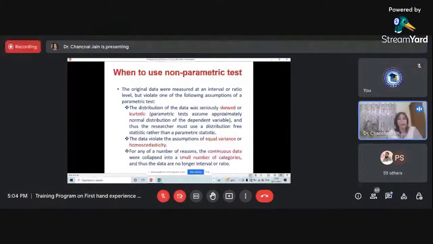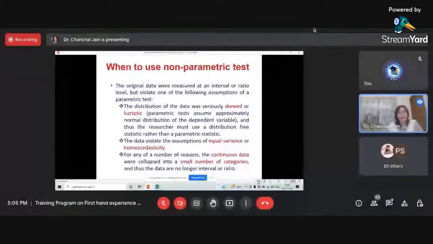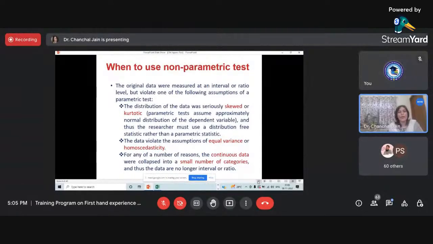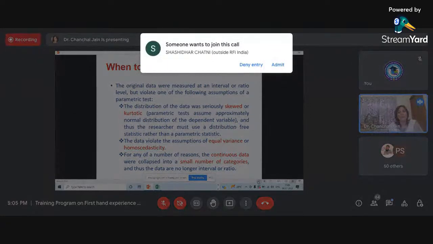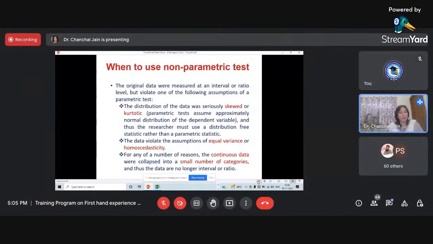In case of parametric tests, there are certain assumptions for each and every test. One of the major assumptions is that the variable which we measure on interval scale or ratio scale should follow the normal distribution. If this condition is not followed by the variable, we can go for the non-parametric test.